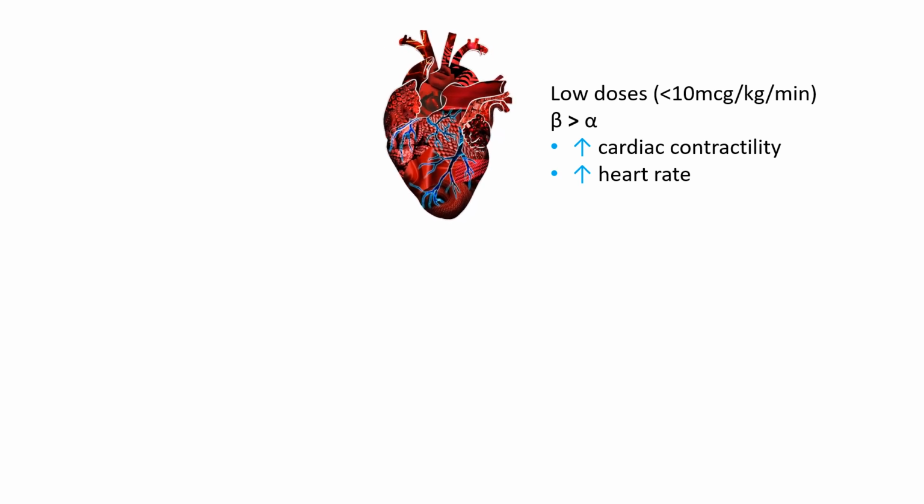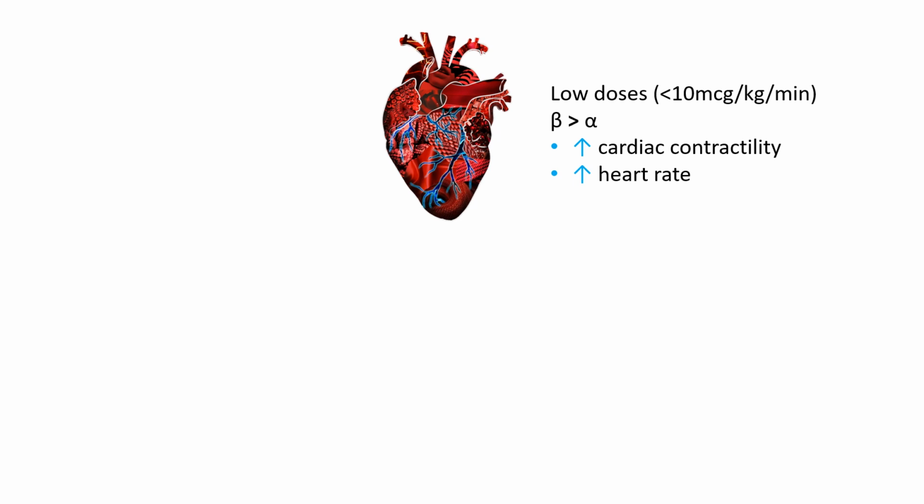The reason for this is that epinephrine at these low doses has greater activity at the beta receptors than alpha receptors, and in this case, the effect on the beta 1 receptor causes an increase in cardiac contractility and also increases heart rate.